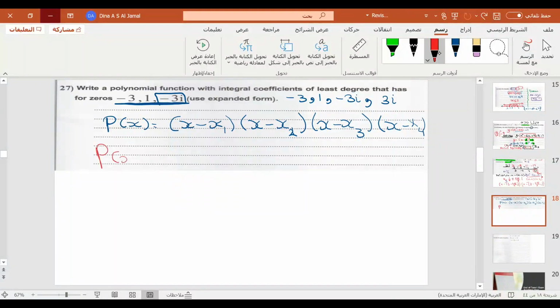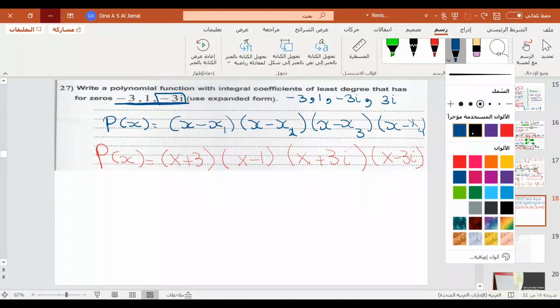So x minus the first, that means x plus 3. x minus the second, that means x minus 1. Then x plus 3i, x minus 3i. So how can I solve such a question?